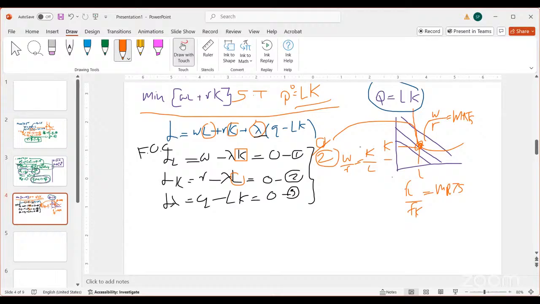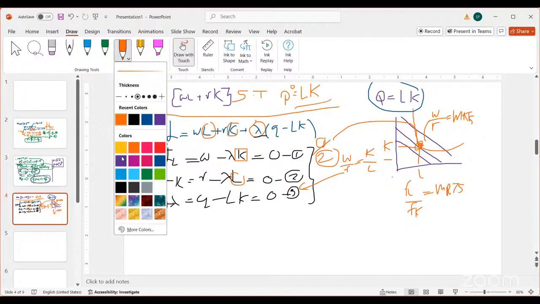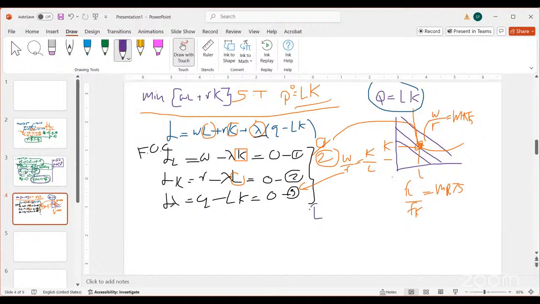So we get another equation. With that, you plug into the third equation, and you can find the indirect labor input demand function and the indirect capital input demand function.